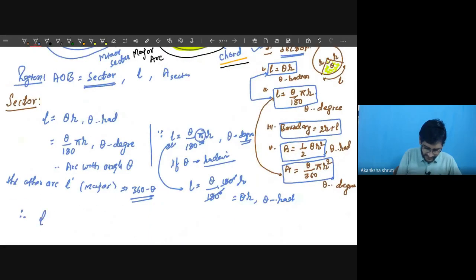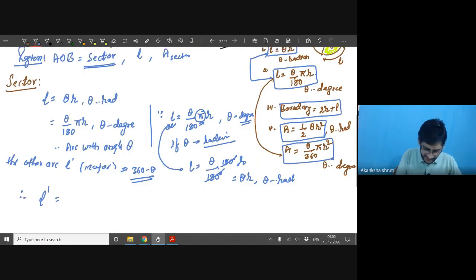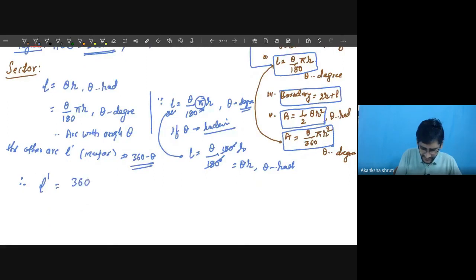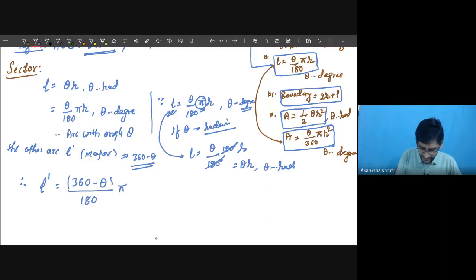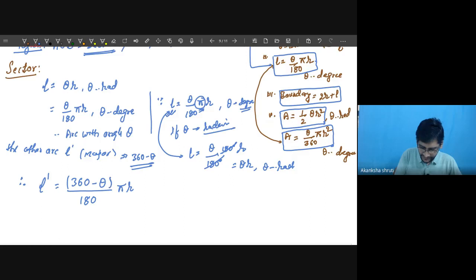Therefore, for this major arc L dash, we shall take 360 minus theta, this whole, in place of theta, divided by 180 into pi r, if we are using theta in degree.